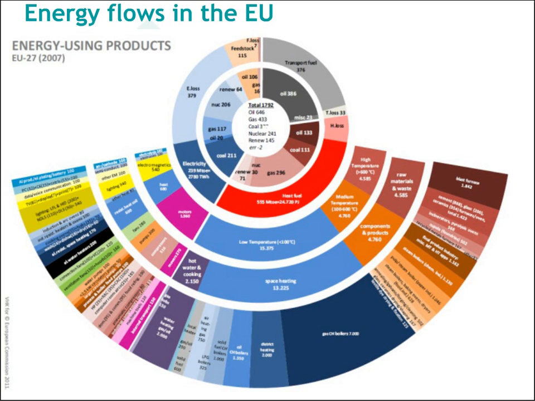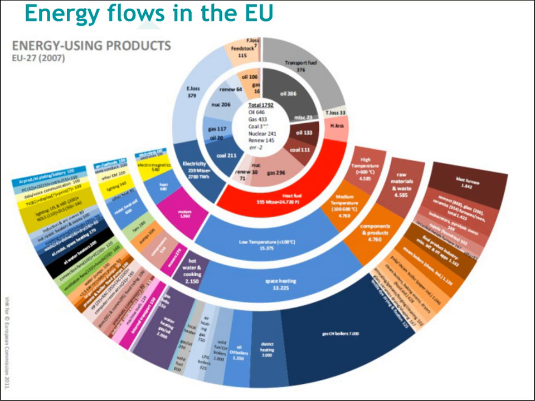Broken down, you'll see that you have lighting, motors, electric water heaters, etc., all these different end uses. And then along from there, in the red, you have the heat sector, and the heat is broken down into low temperature heat, medium temperature, and high temperature. The low temperature heat is almost dominated by space heating, but also hot water and cooking, and that's nearly all in the building sectors.